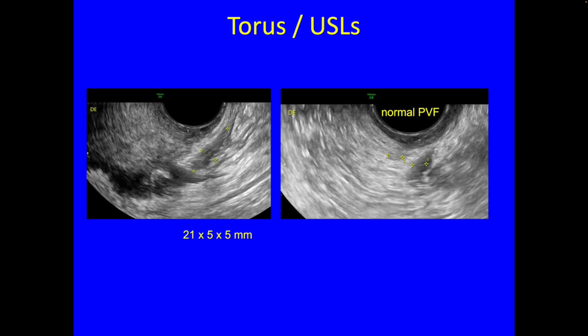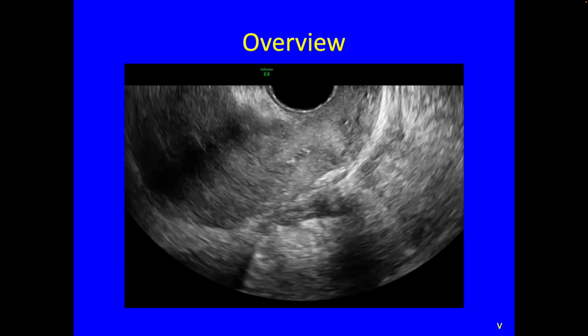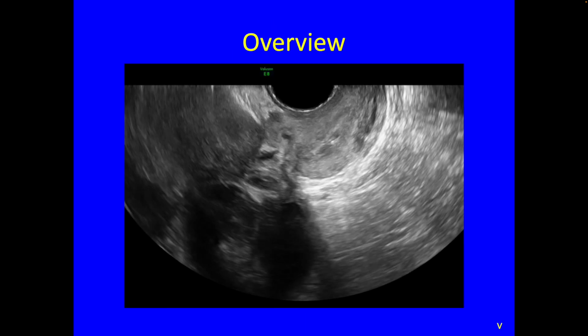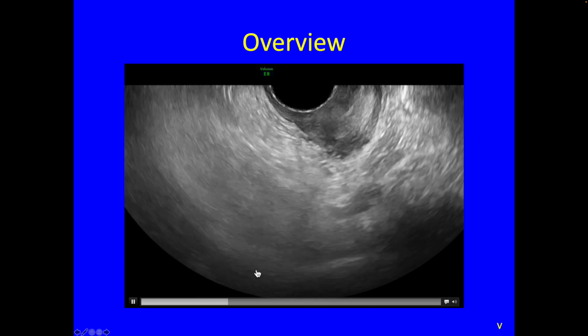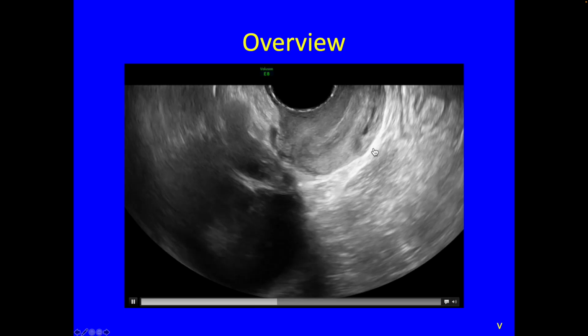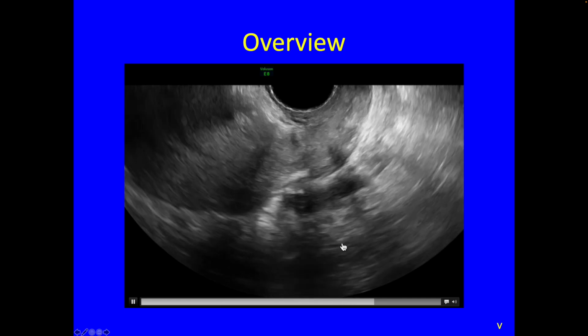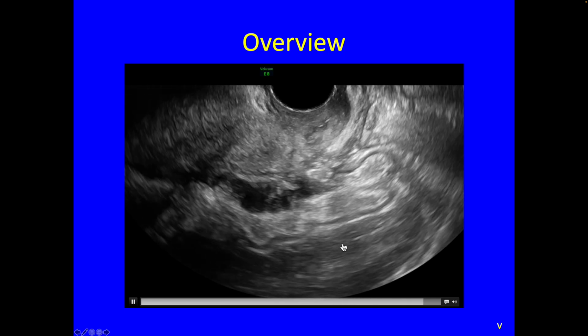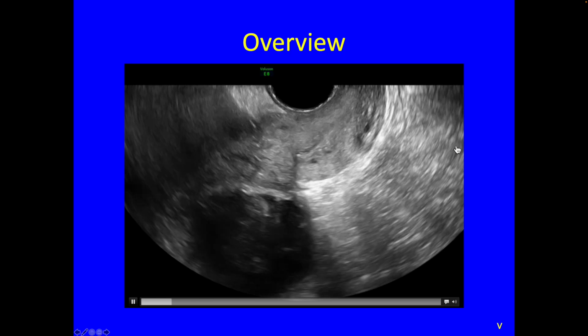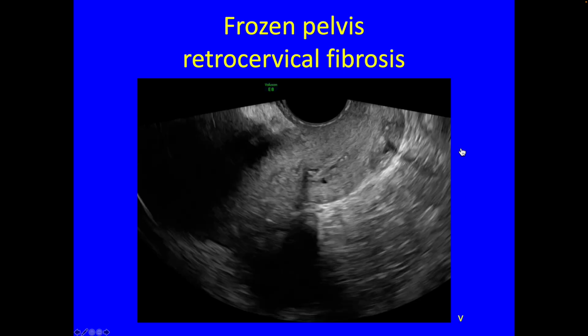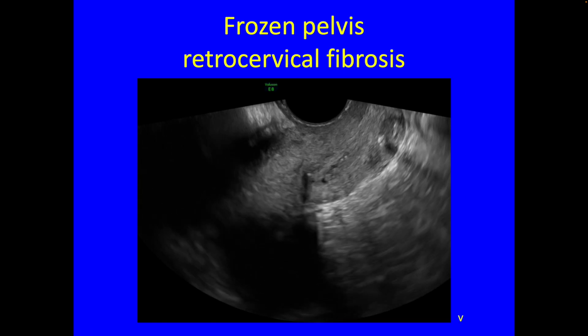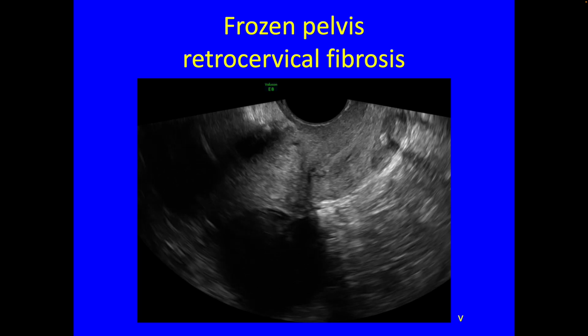And the vagina looks normal. So the overview was of ovarian endometrioma, ureterocervical fibrosis, bowel nodule, deep endometriosis, and we're in the anterior fornix again. So a frozen pelvis with ureterocervical fibrosis.